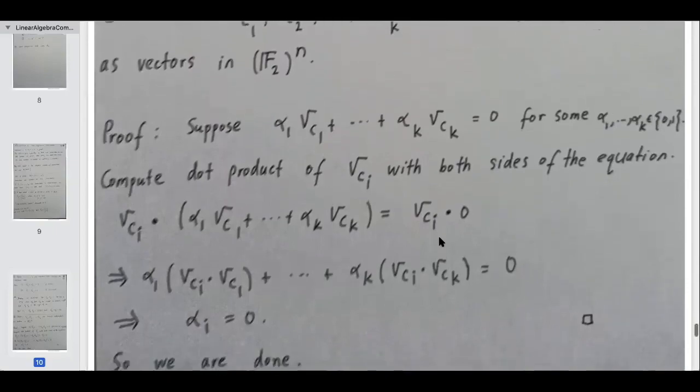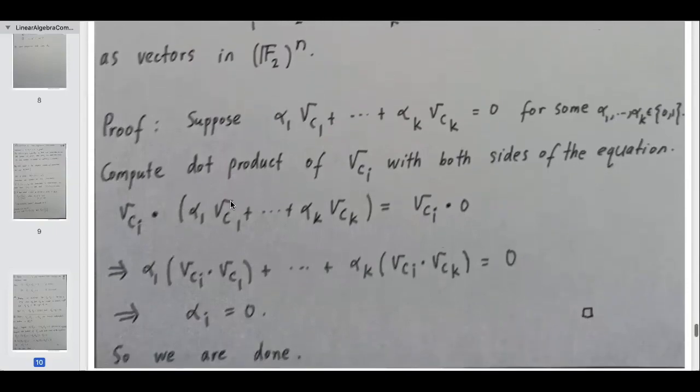On the left hand side, we use the properties of dot product, which we had discussed earlier, where we take vCi into this bracket and then take the constants, the alphas, outside. So the left hand side is alpha 1 vCi dot vC1 plus alpha 2 vCi dot vC2 plus alpha k vCi dot vCk, and this is equal to 0.